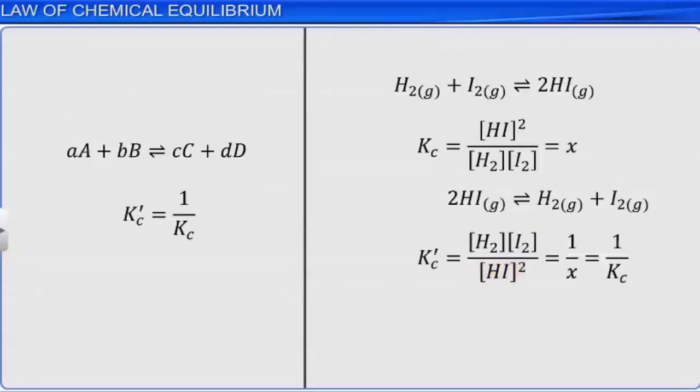Now, this is nothing but the reciprocal of x, which is equal to 1 by Kc. Thus, the equilibrium constant for the backward reaction is the inverse of the equilibrium constant for the forward reaction Kc.